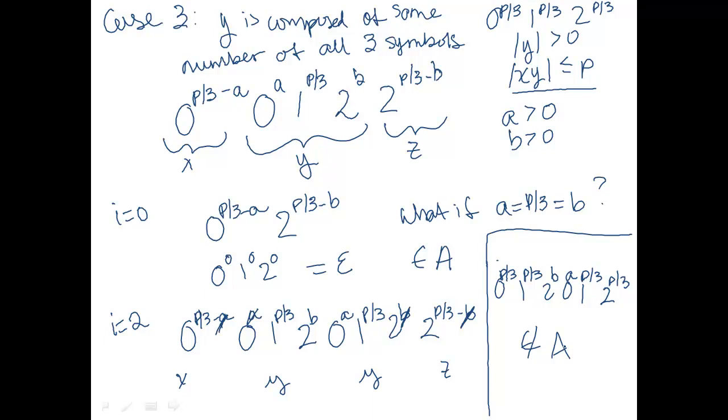Well, then it could be 0 and 1. Some number of zeros and some number of ones could span the boundary between 0 and 1. Or it could be 1s and 2s. It could span the boundary between 1 and 2. And we laid out those 2 cases. And then the last case, y has some number of every symbol, all 3 symbols in it. And now we've covered all of these cases.